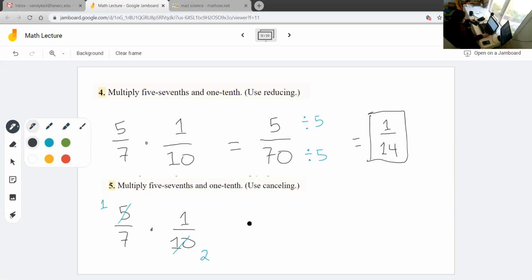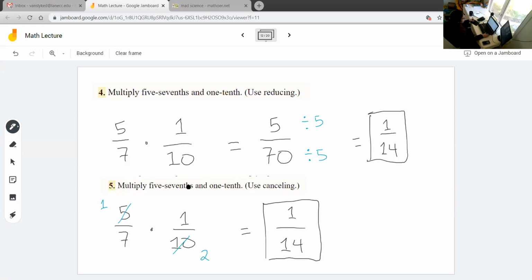And now when I multiply, 1 times 1 is 1. 7 times 2 is 14. And I have my answer right away. This is friendlier because on the bottom, there is no 70. I'm avoiding those big numbers.